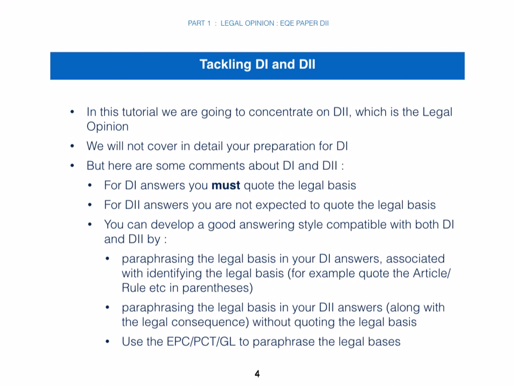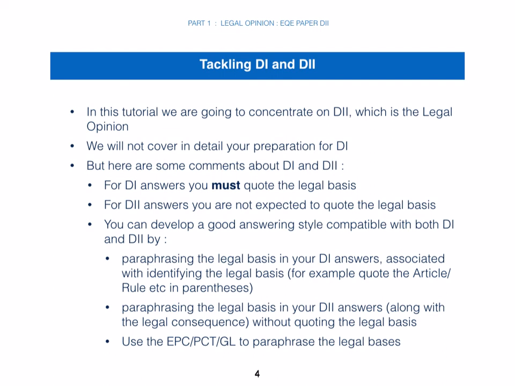So you can use a similar approach for the D1 and the D2 answers. And you can and you should use the European Patent Convention, the PCT, and the guidelines to paraphrase the legal basis, so you should have those materials available to you when you are writing.